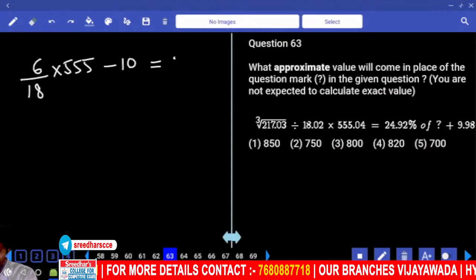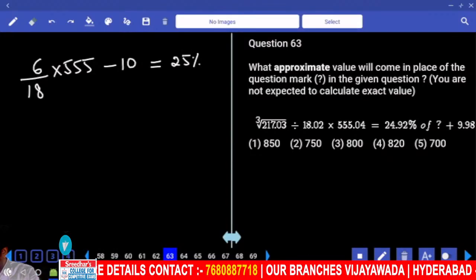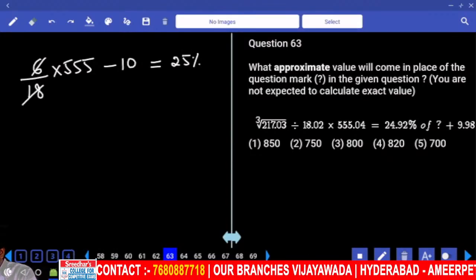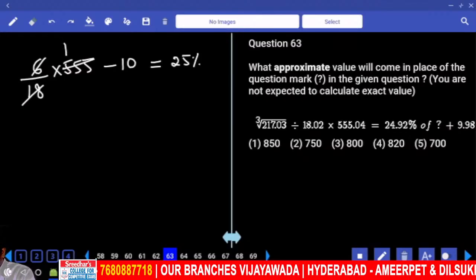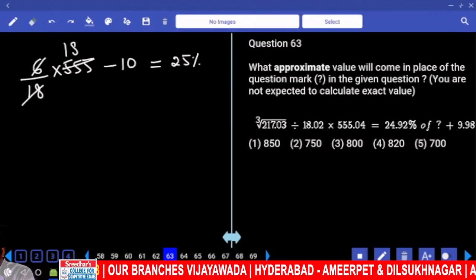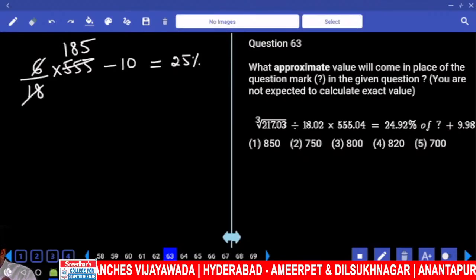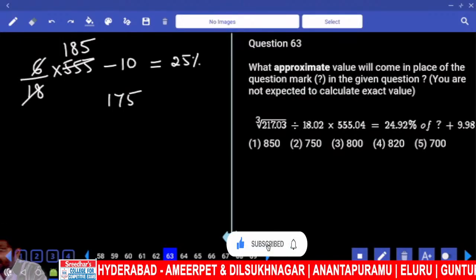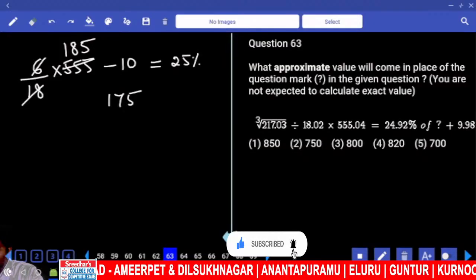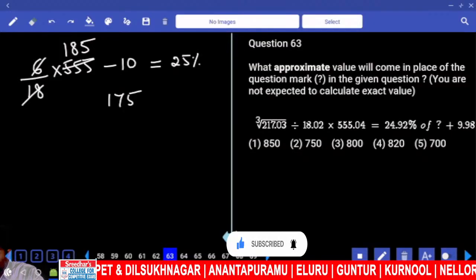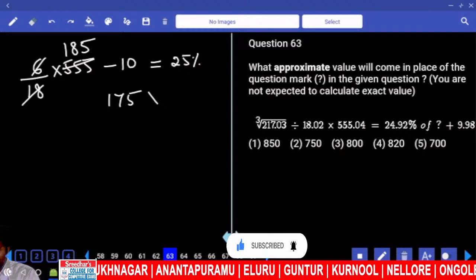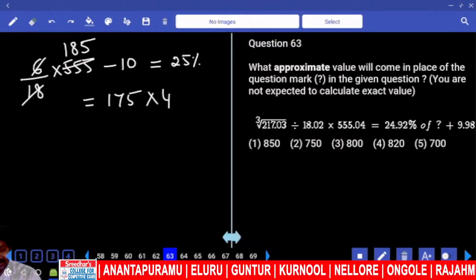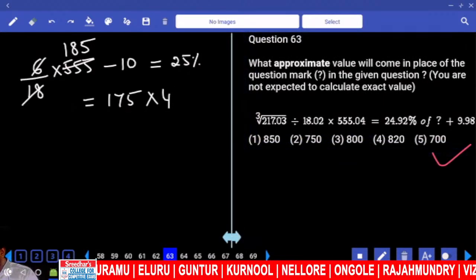This is equal to 25% of the number. 6 how many times? 3 ones, 8, 5, minus 10. If 175 is equal to 25%, 100% will be 4 times of it. Double. 350 double. 700.